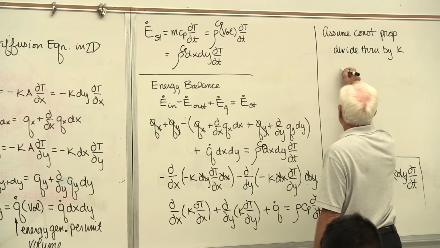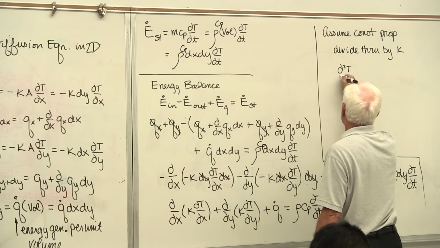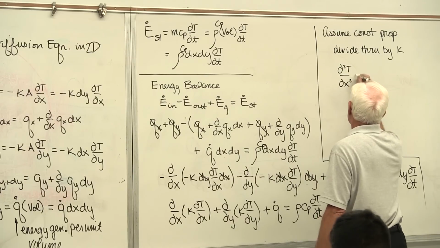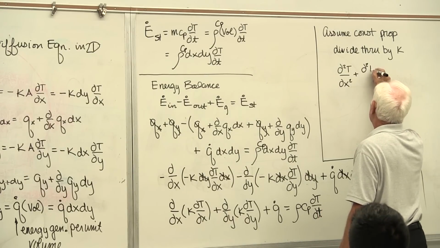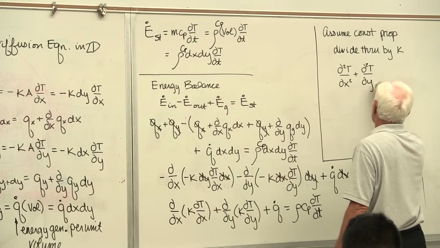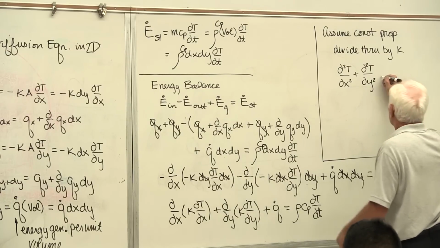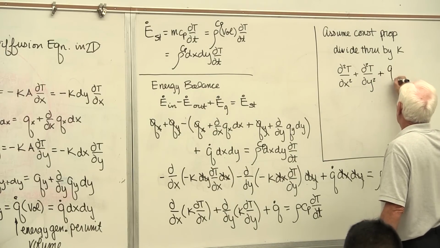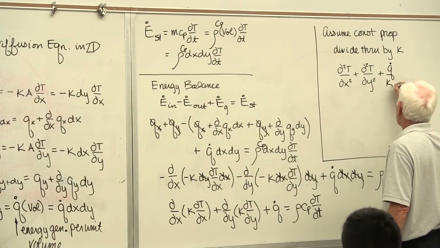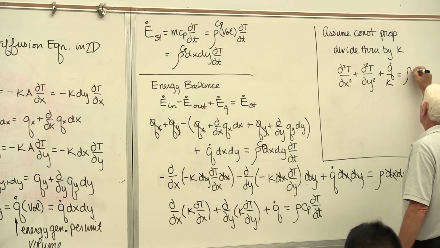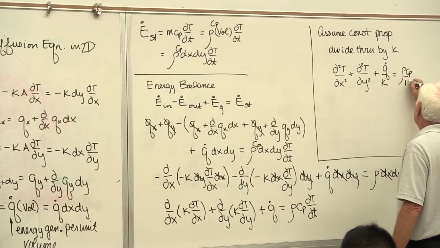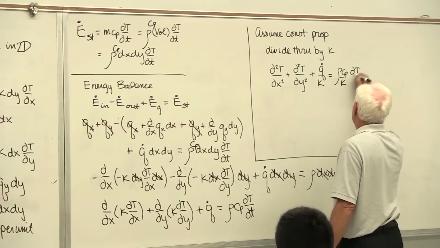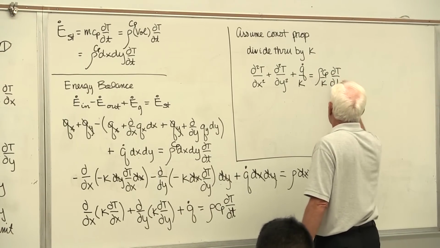Okay, so we have the second partial of T with respect to x, the second partial of T with respect to y, plus q dot over k, is equal to rho c_p over k times the partial of T with respect to time.